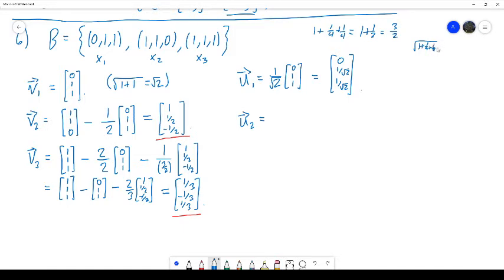So I guess I already know that this is 3 halves, so we want the square root of 3 halves. And if we're dividing by the square root of 3 halves, then that would be like multiplying by the square root of 2/3. So just to keep the fractions a little bit nicer, let's do that. And then multiply that by this vector here.